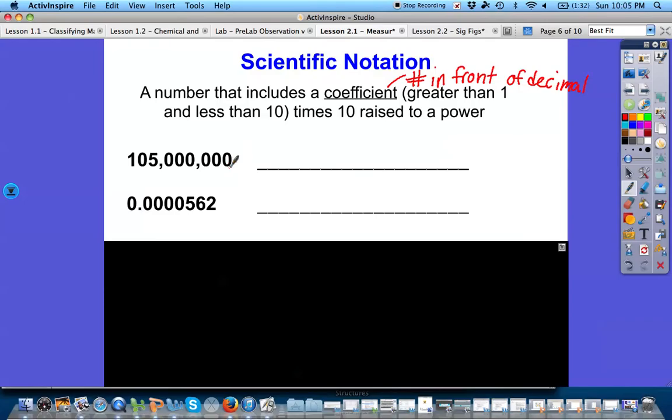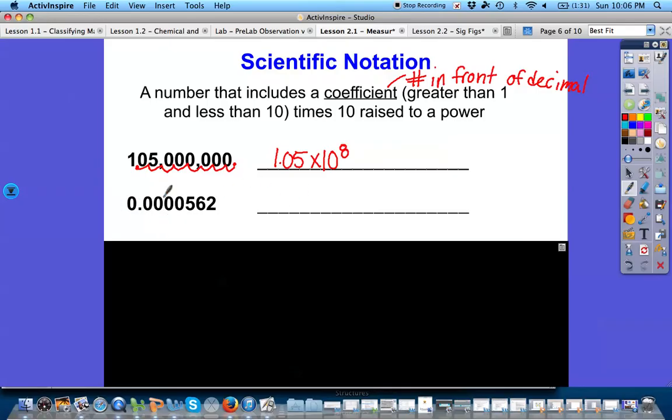Anytime you have a whole number, you are going to assume that the decimal is at the end. And we need to move it until we have something between 1 and 10 in front of the decimal. So 1, 2, 3, 4, 5, 6, 7, 8 places is how many. So we're going to have 1.05 times 10 to the 8th.